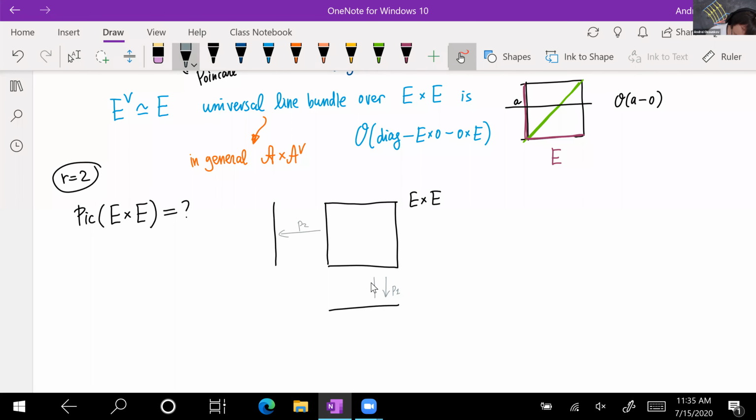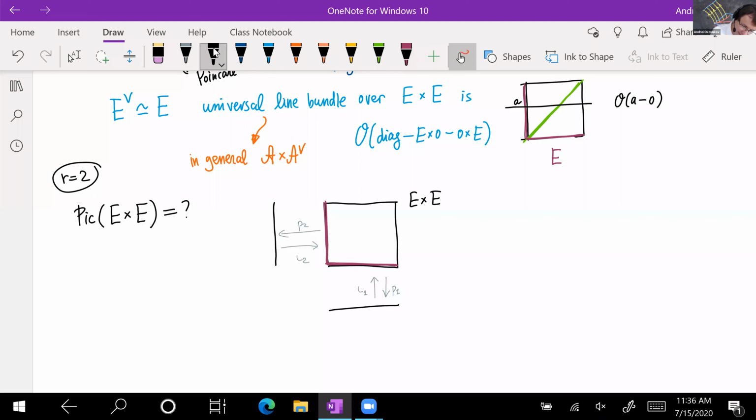And there are also inclusions of each factor, iota 1 and iota 2. Okay.